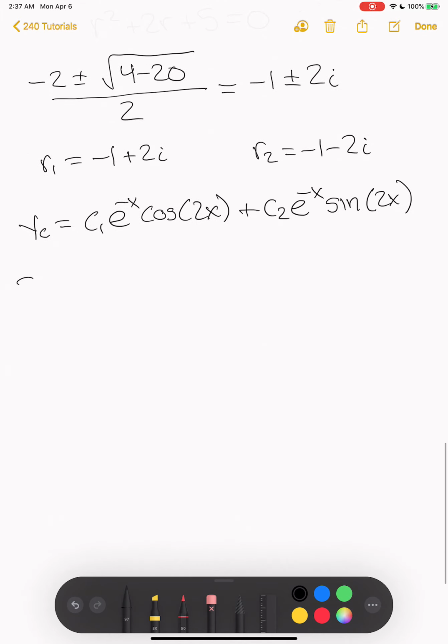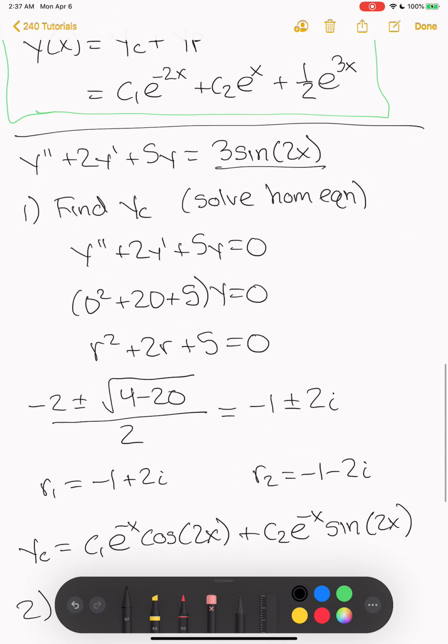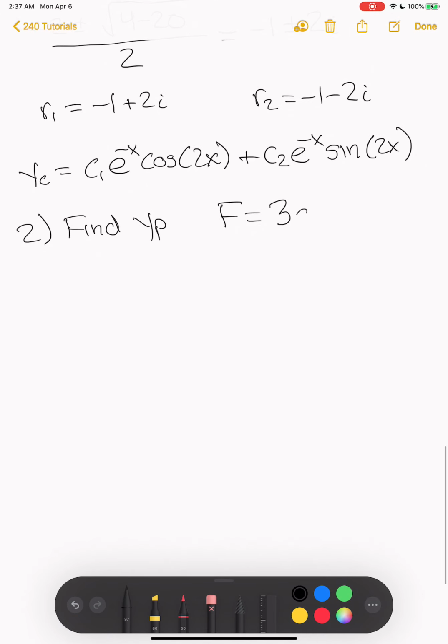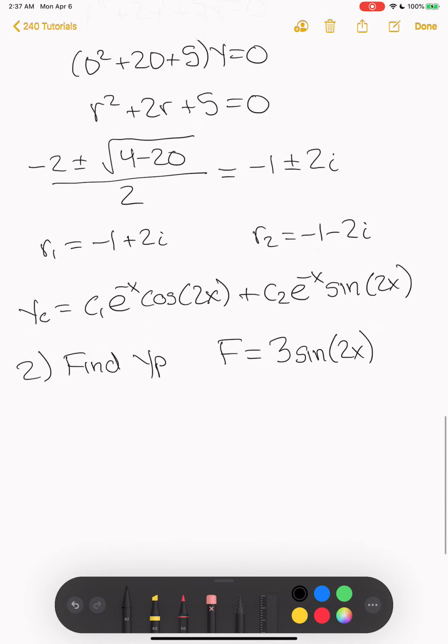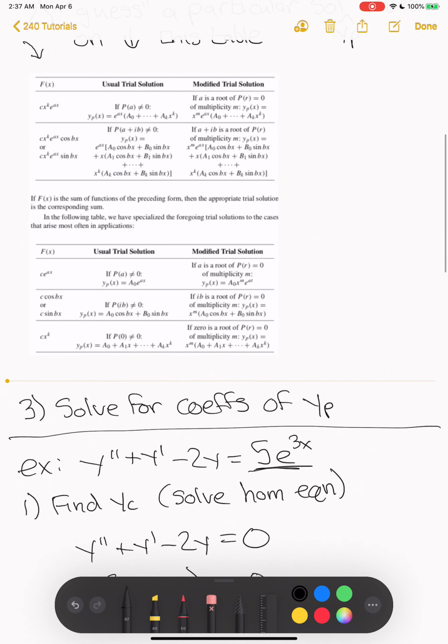Okay. So now I need to find my particular solution. So I go up and I figure out what f was. F is this thing here, which is 3 sine of 2x. Here I go to the table, and I see which of these on the left-hand side look a lot like the f that they give me.